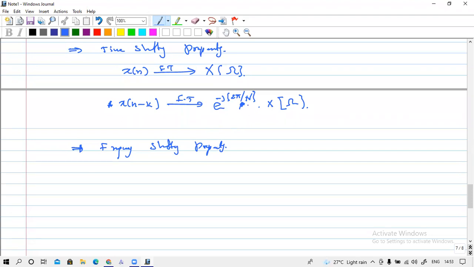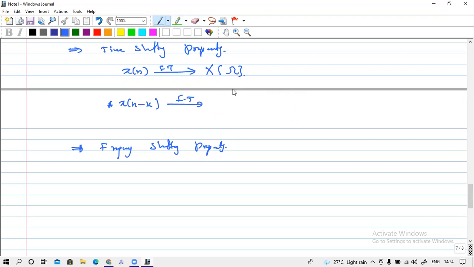I think this is not right. Here n comes into the DFT, not this discrete time Fourier transform, so this is simply n. I'm sorry.